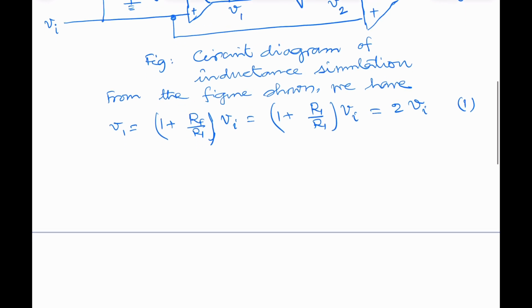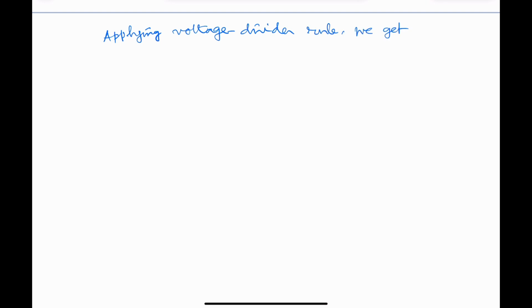Applying the voltage divider rule, we get the potential V2 equal to ZF divided by (R2 plus ZF) into V1 plus R2 divided by (R2 plus ZF) into V0.